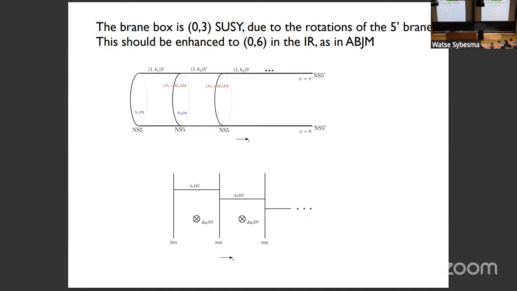Here, it is rotated as well, with a rotation angle that depends on where we are, because this number of D5 prime branes is changing as we are moving in R. So this is cylindrical only because I wanted a nice drawing, but it's not really cylindrical. But our color branes are plaquettes, say, because they are bounded between the two different perpendicular NS5 and NS5 prime branes, but they are in this case cylindrical because one of these directions, psi, is a circle.